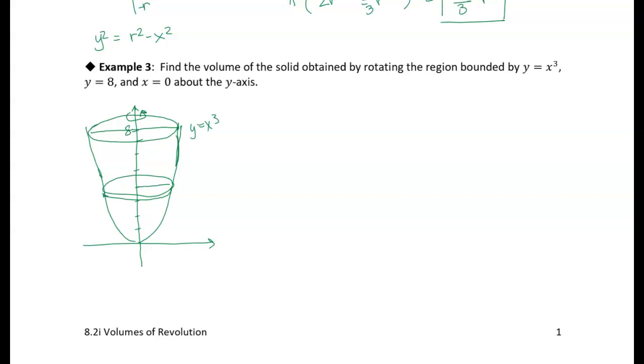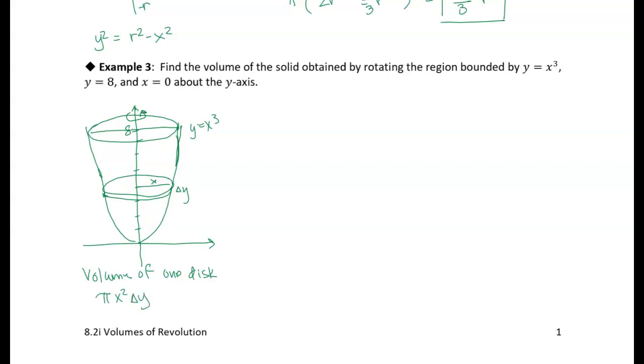And the radius of that disc is whatever this x value is, and the thickness is delta y. So let's think about what the volume of one of those discs looks like. The volume of one disc is pi times the radius squared, which is essentially x squared, delta y.